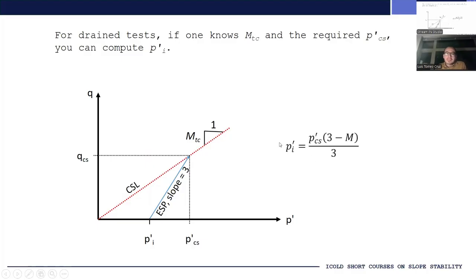That's your initial value of P prime that you need to set up to reach this critical state value of P prime, which would be the 400 kilopascals in our case. And this M would be the slope of your critical state line in your Q versus P prime space.